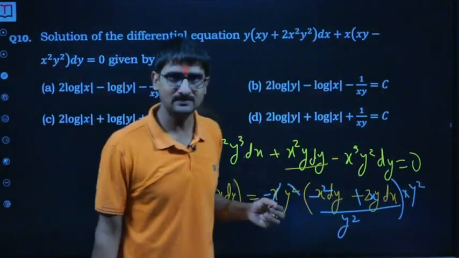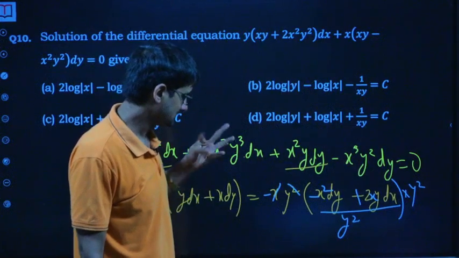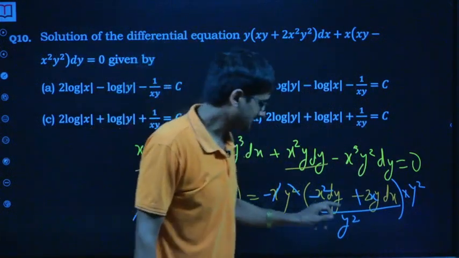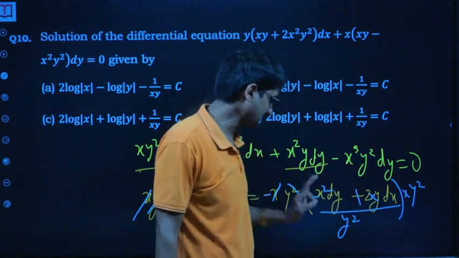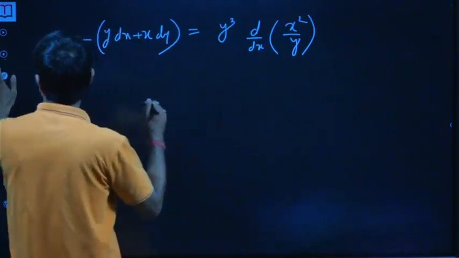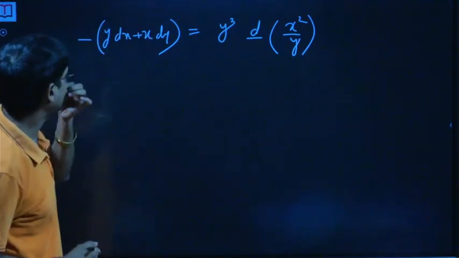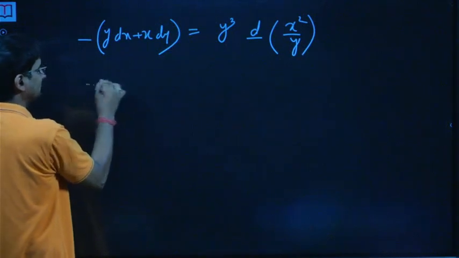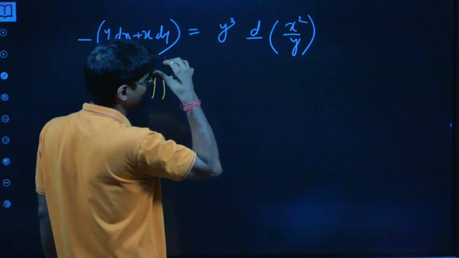So x square by y means, first we will differentiate the numerator, 2x, keeping y outside. Now see, of course this is d of xy, so minus times d of xy is equal to y cube.